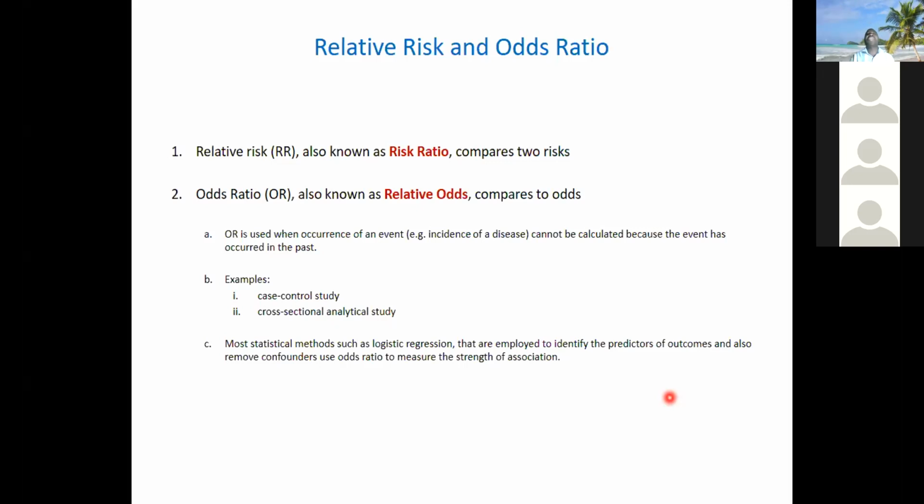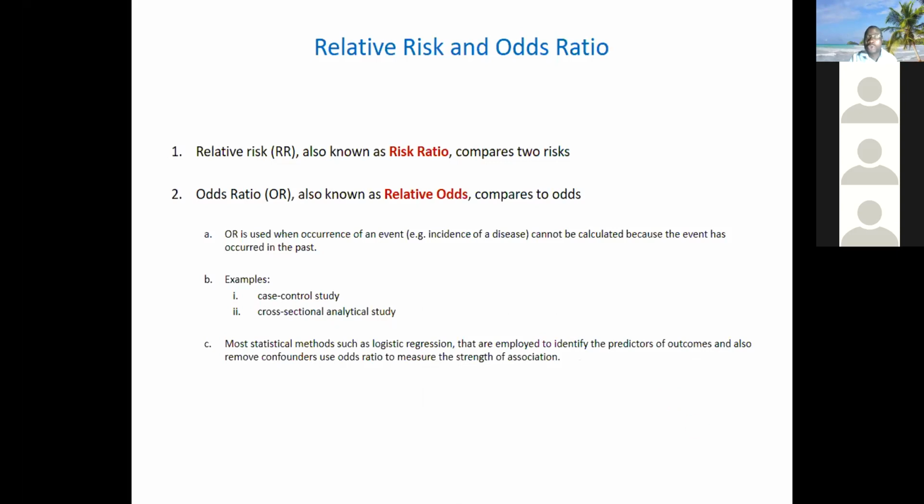So probability is actually futuristic, before the event occurs, just to predict, to plan, to know what to do. But the odds, you calculate from probability. So the odds also can be used for the future, but can also be used for something that has happened.